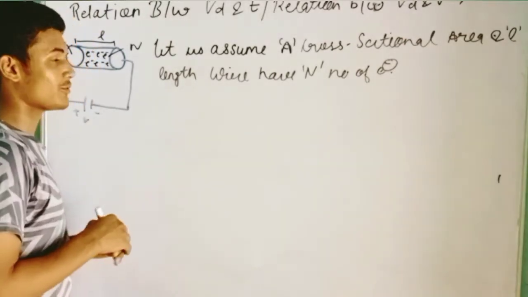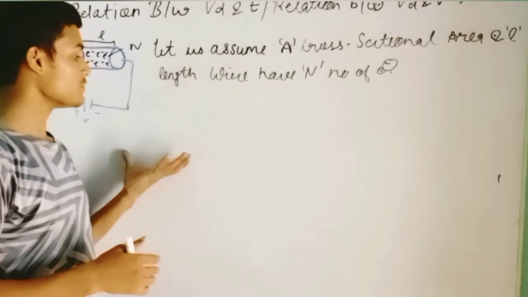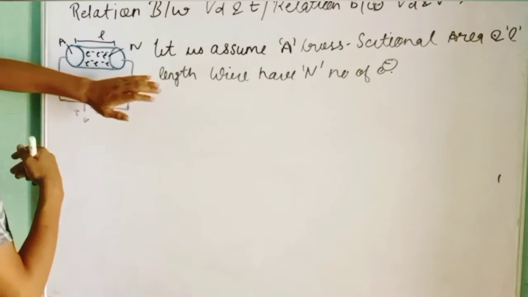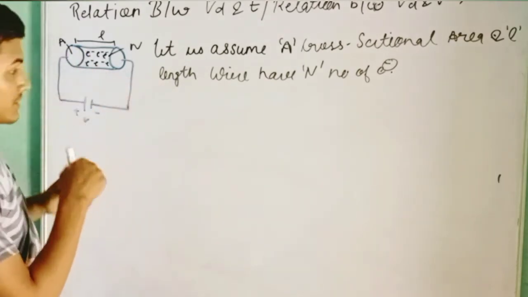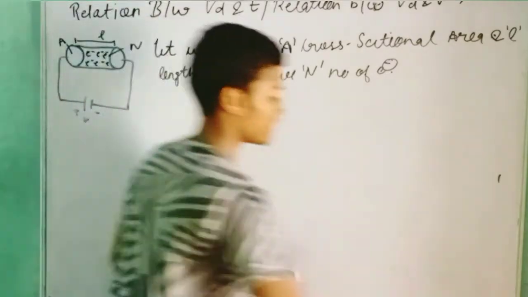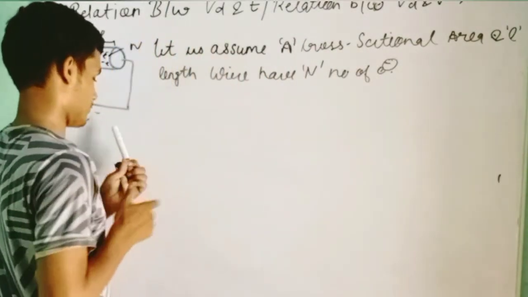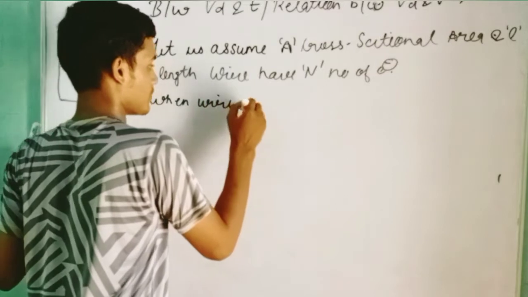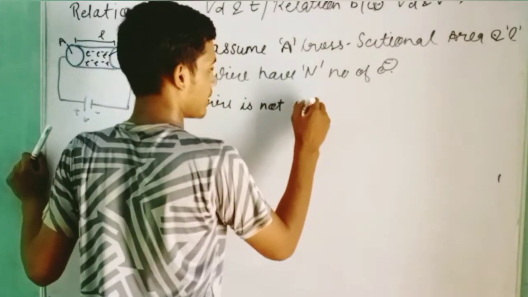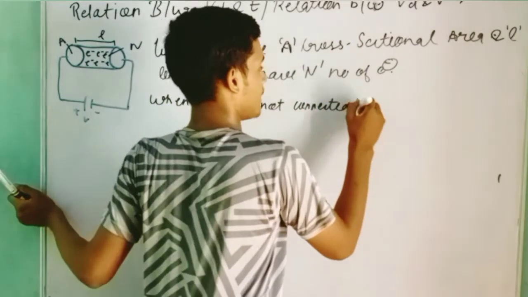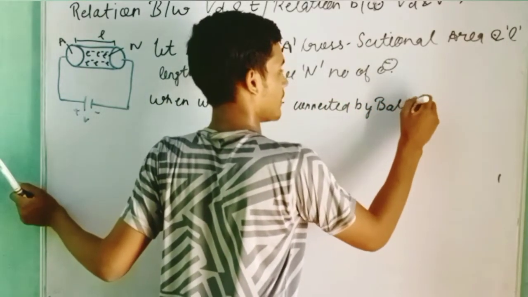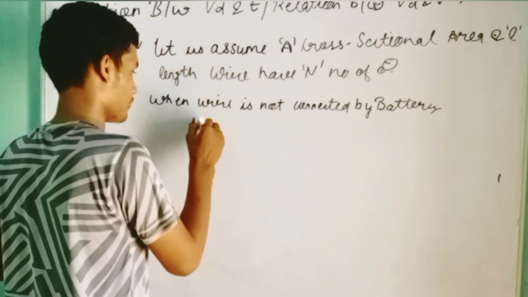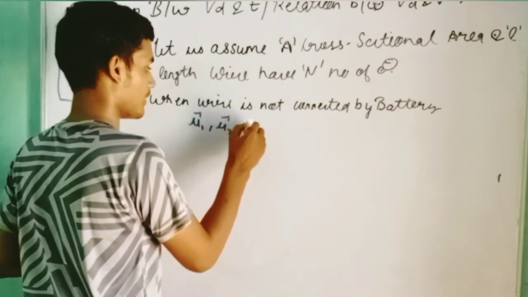First we have to take the average velocity when the wire is not connected by the battery. The velocity of the electrons in the wire is u1 vector, u2 vector and u3 vector.